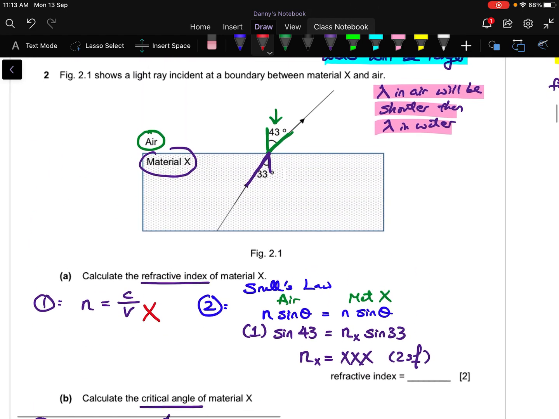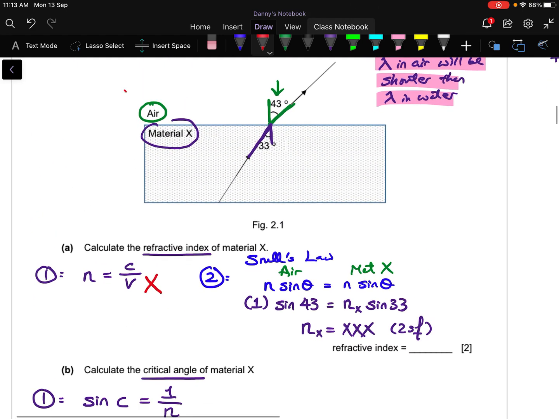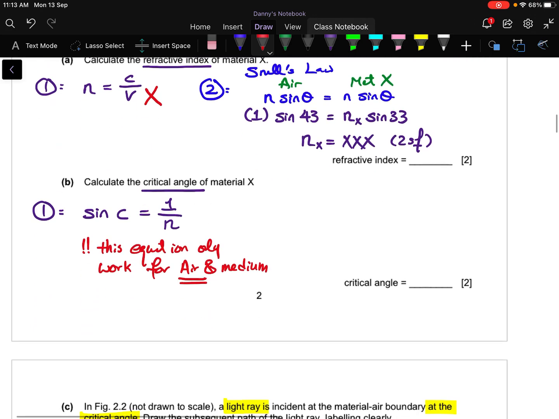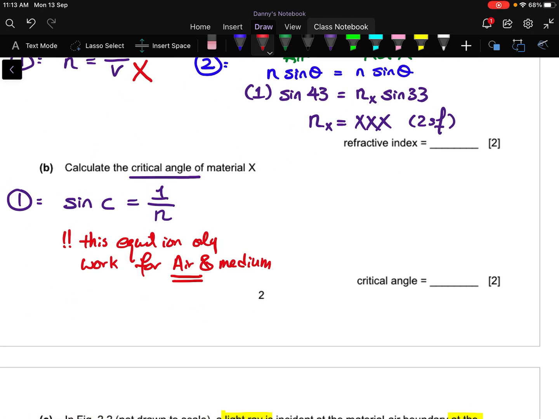Meaning to say, one of the mediums has to be air. If it is a case whereby it is material X and then material Y, you will find that this equation will not work.